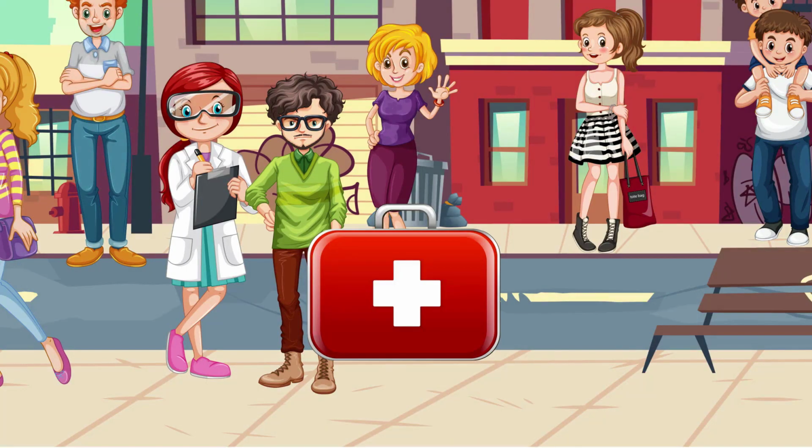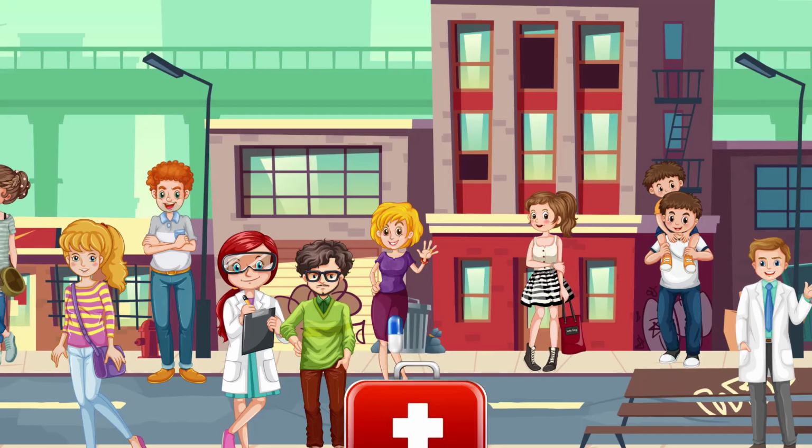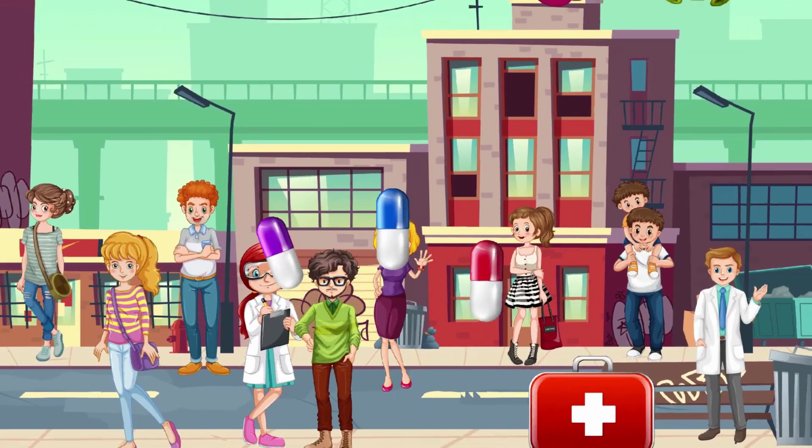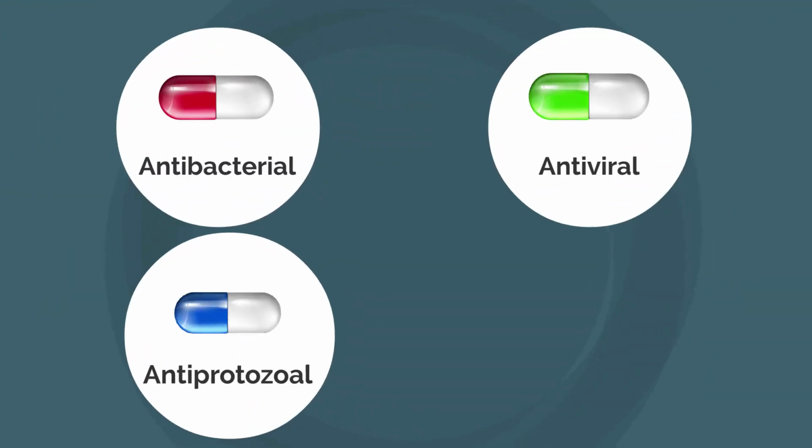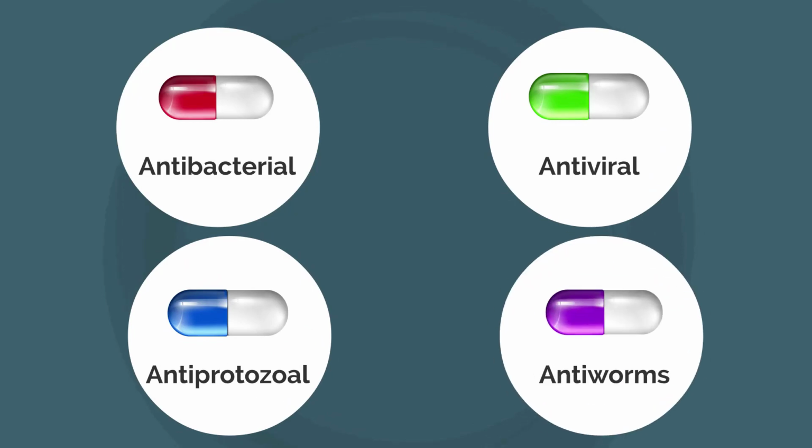You have a magic wand in the form of a medicine box that can shoot antibodies of your choice: antibacterial, antiviral, antiprotozoal, and anti-worms.